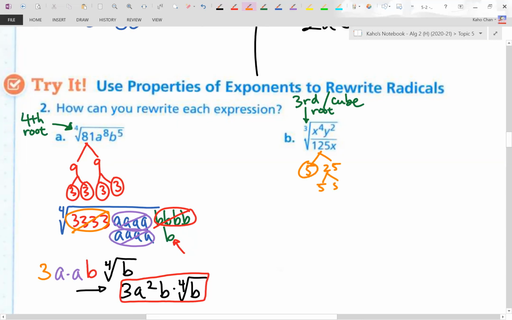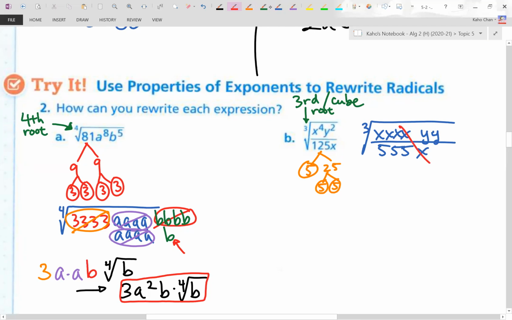That's 5 and 5. Nice. Let's expand this. X, X, X, X, Y, Y. Oh, I see. 5, 5, 5, X. Notice a couple of the X's go away.